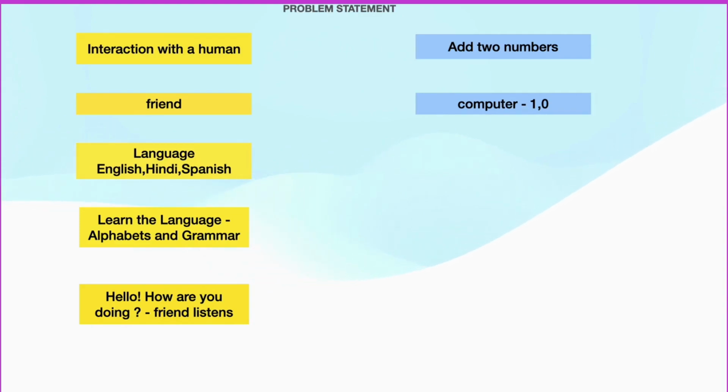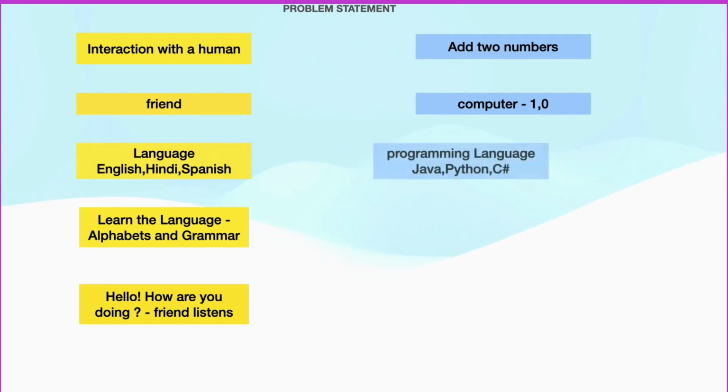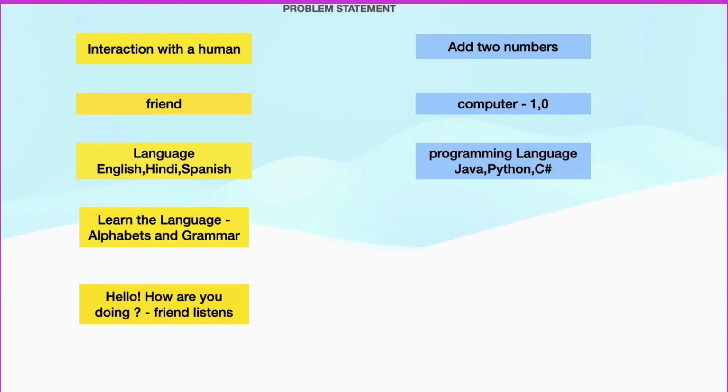So in order to communicate with the computer, we need to learn one of the programming languages, so that we can write in the programming language and it will translate into the language that the computer can understand, that is 1 and 0, and perform the set of instructions I have given for adding two numbers.